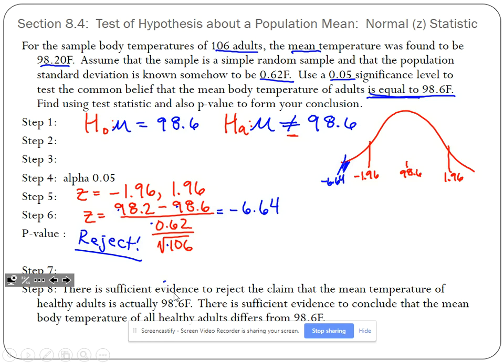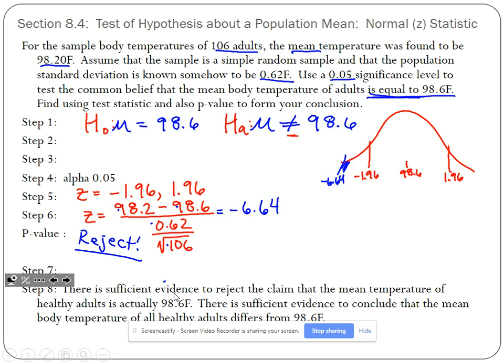There's sufficient evidence to reject the claim that the mean temperature of healthy adults is actually 98.6. There's sufficient evidence to conclude that the mean body temperature of all healthy adults differs. We didn't say what it's going to be, less or greater. We're just saying there's evidence here that it is different than 98.6.